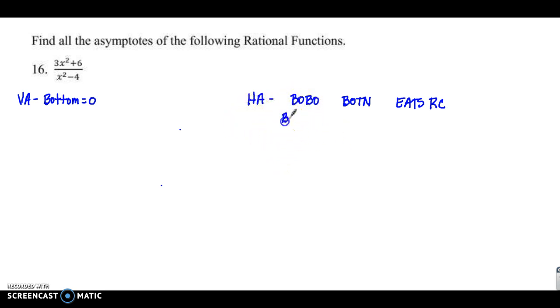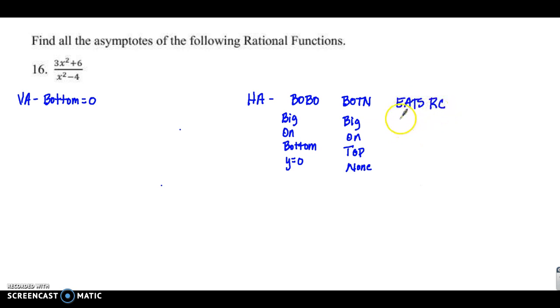Bobo stands for big on bottom. It will be y equals 0. B-O-B-O, Bobo. Botten means big on top, means we have none. No horizontal asymptotes.